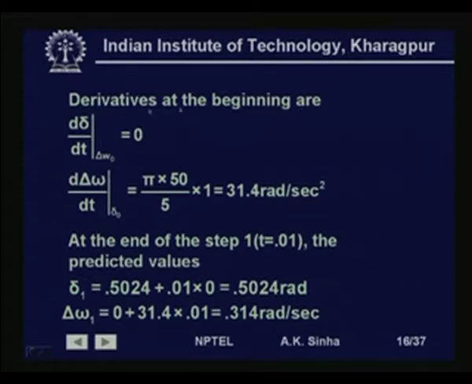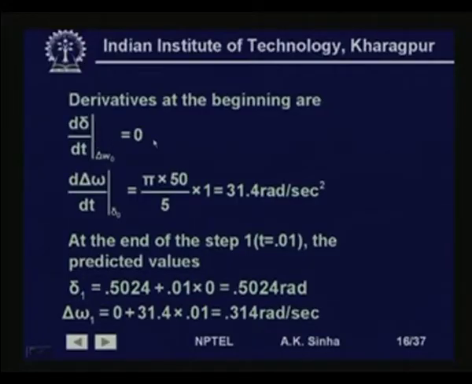Now, the derivatives at the beginning: d delta by dt, which is delta omega 0, is equal to 0. Initial change in speed is 0. So, d delta by dt initially is 0, and d delta omega by dt at delta 0 is equal to pi f by H into Pa.